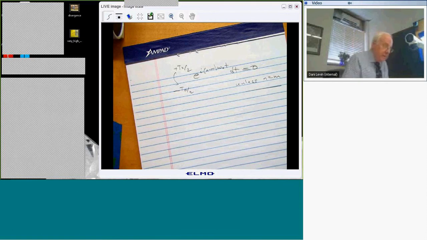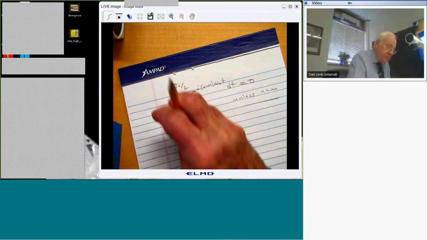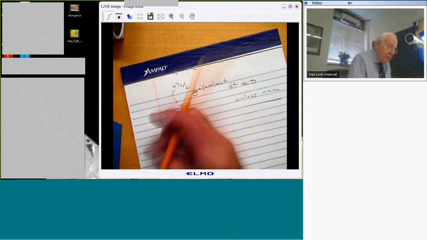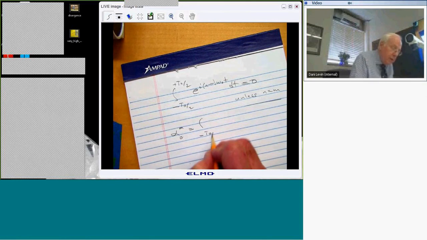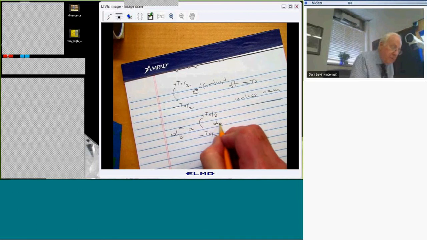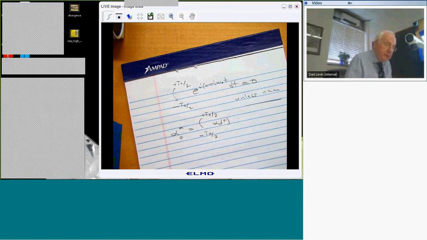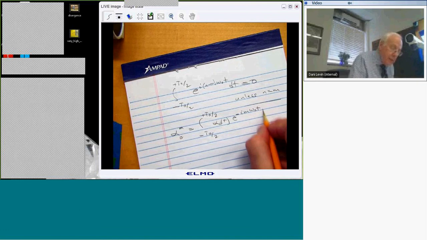So alpha m naught, the other way around, sorry. Alpha naught m is equal to this integral from minus T naught over 2 to plus T naught over 2 of whatever function of time you give me, as long as it's periodic, e to the minus i m omega naught t dt, and then it has to be divided by the period.